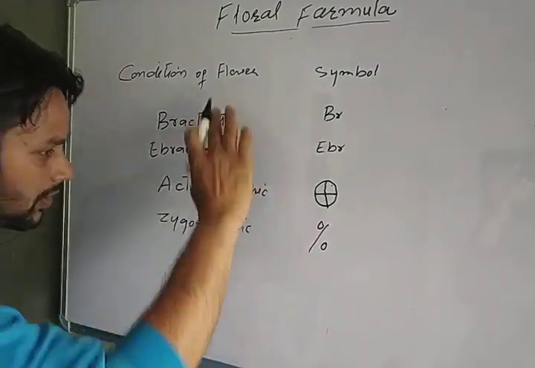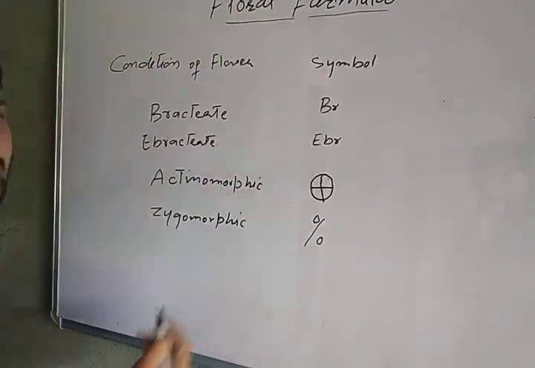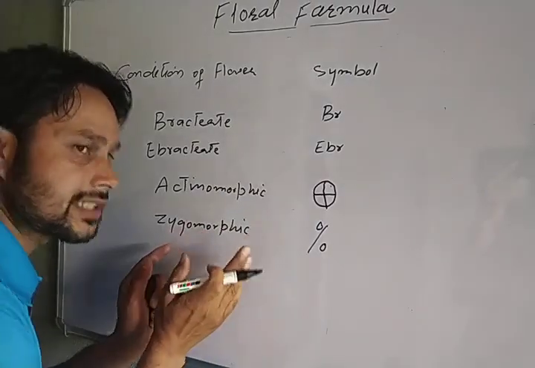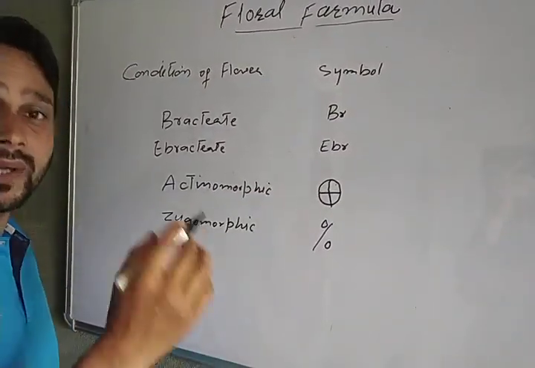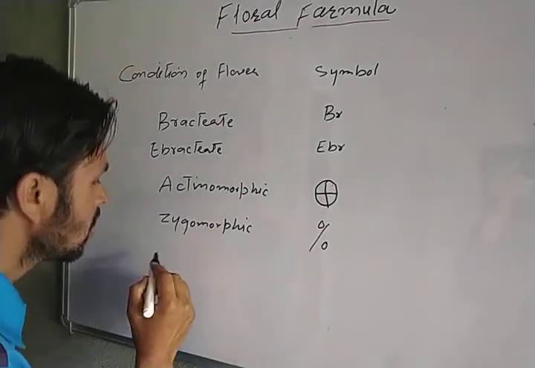Now after that we see the calyx. Calyx is basically the outermost whorl, and the unit member of calyx is the sepal.